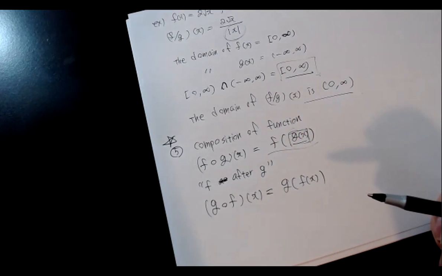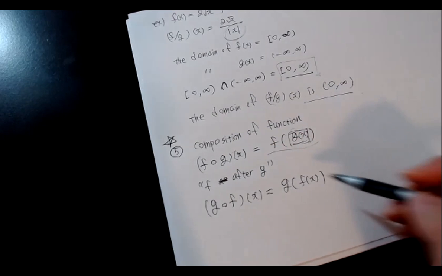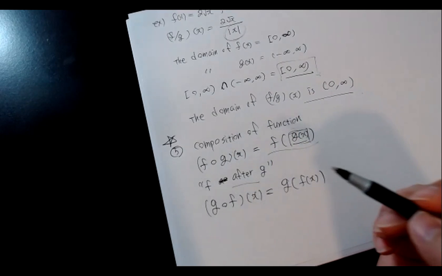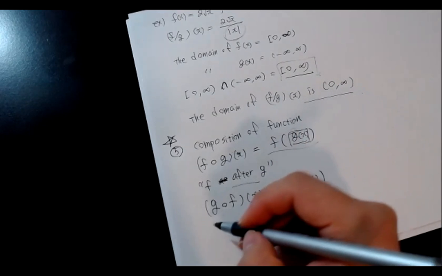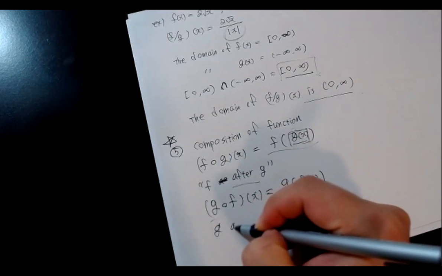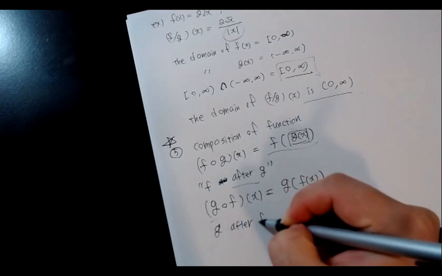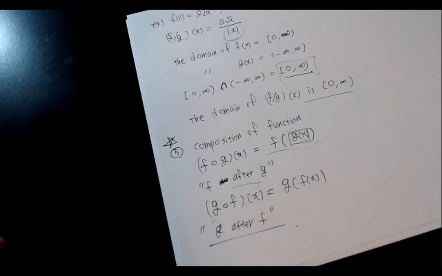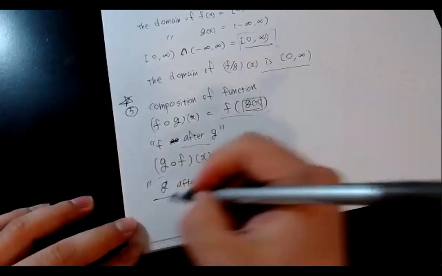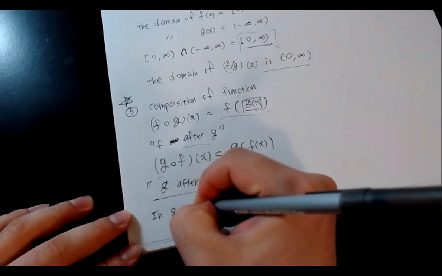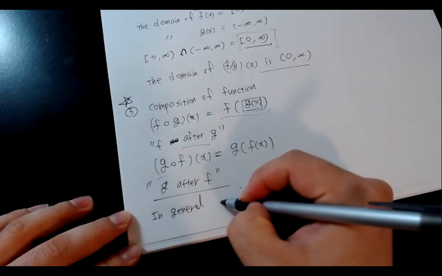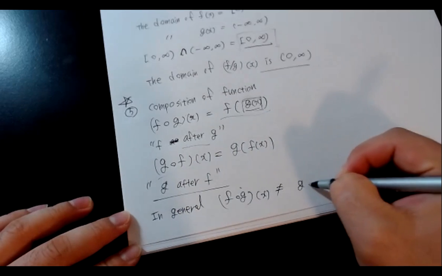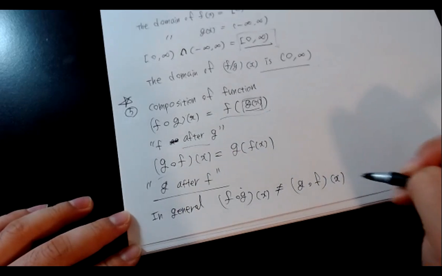To distinguish the order of f and g, the textbook uses f after g, but here this one is g after f, right? By the way, in general, f after g is not equal to g after f. Okay, keep this in mind.